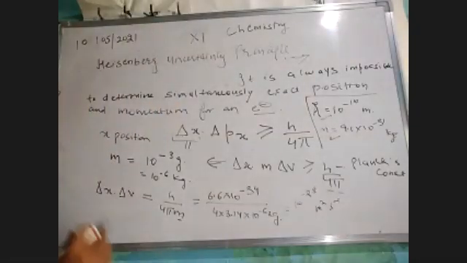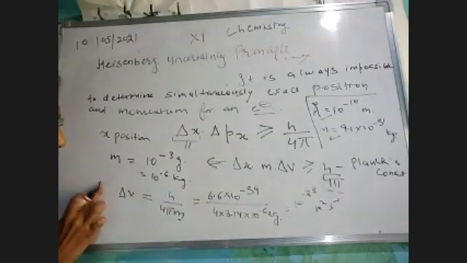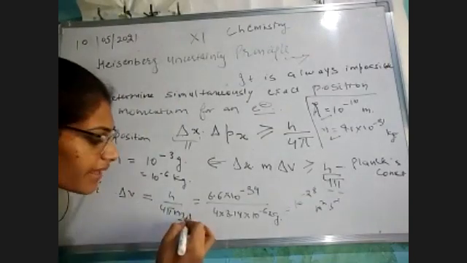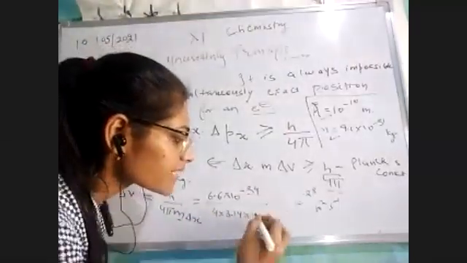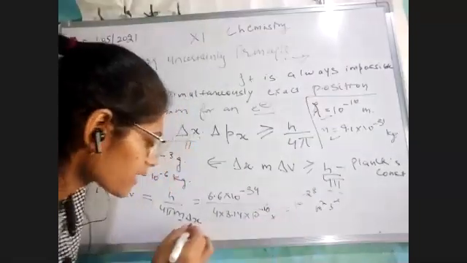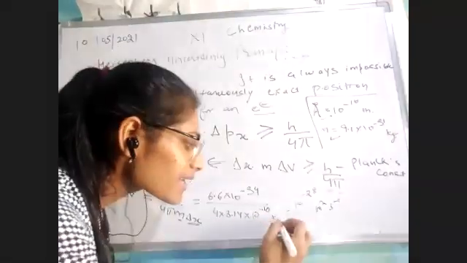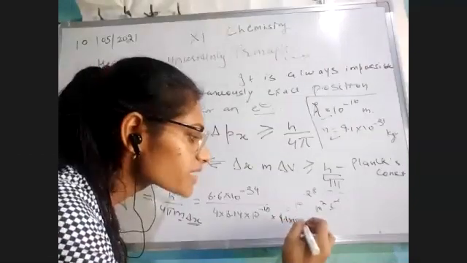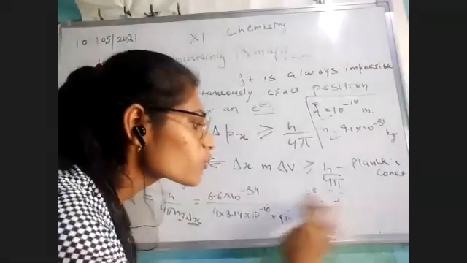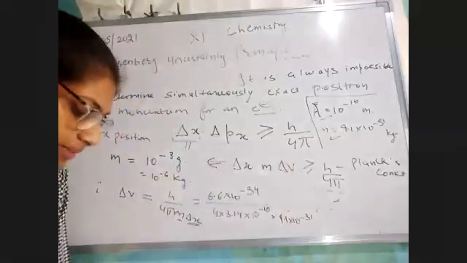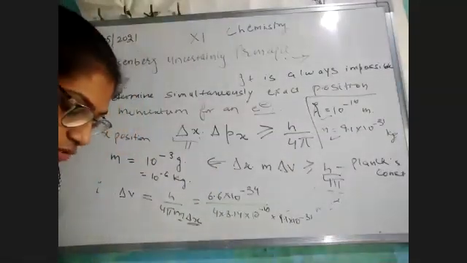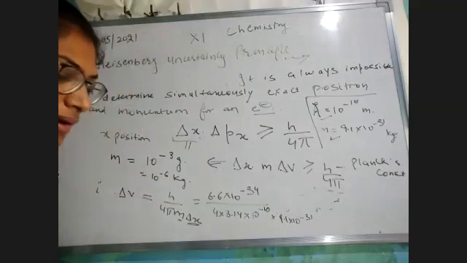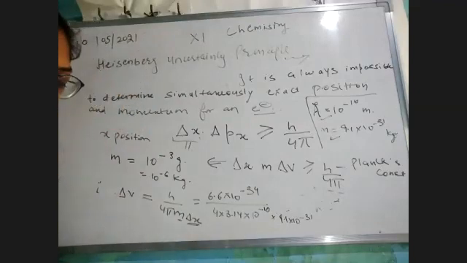We just need to calculate our delta v. Our formula would be changed a little bit. Delta x would be 10 raised to power minus 10. That is our delta x. m क्या है हमारा 9.1 into 10 raised to power minus 31. And we would solve this whole numerical quantity, and that would be equal to 5.79 into 10 raised to power 6 meter per second. Okay, ji.